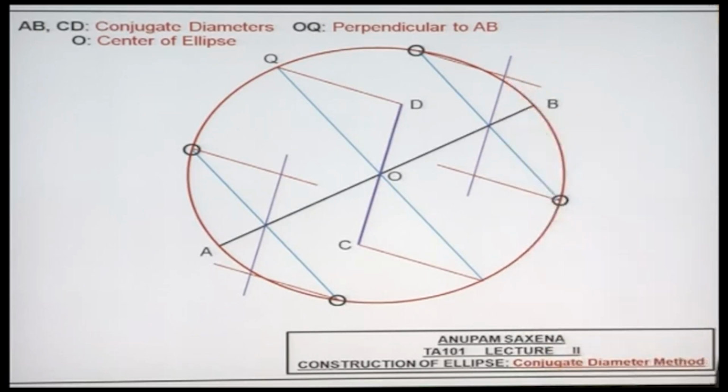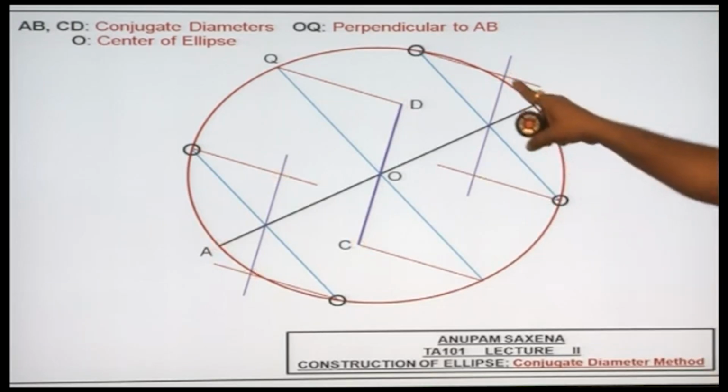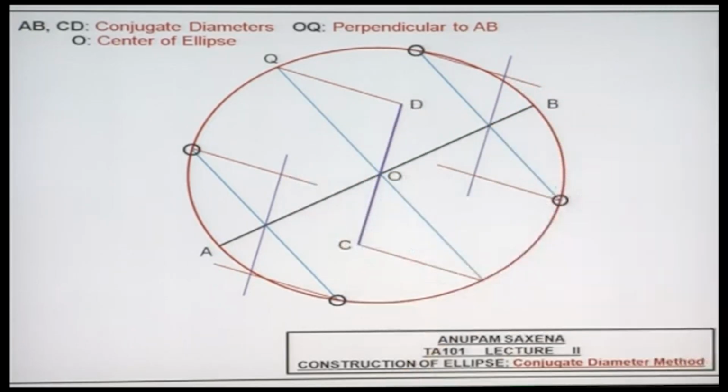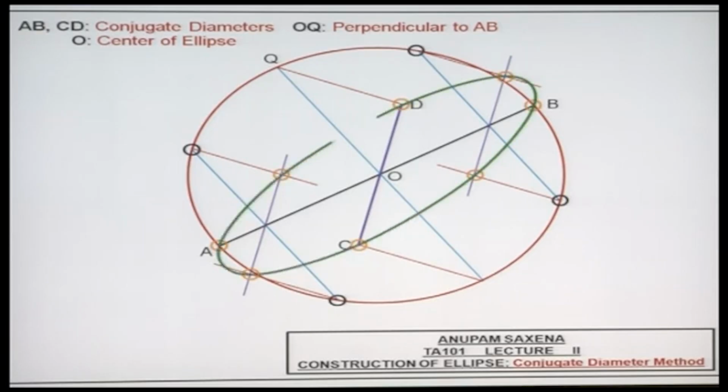So, these 2 points again will be belonging to the ellipse that I am seeking. Okay, so, once again, the intersections between the purples and the reds will essentially give me points on the ellipse. So, this is how I draw an ellipse using conjugate diameters.